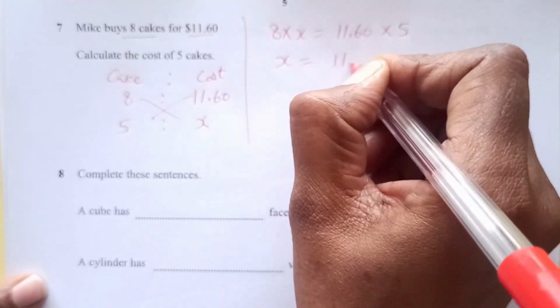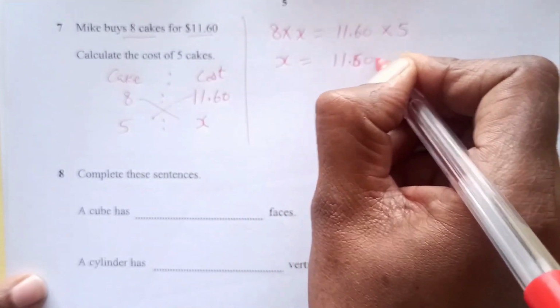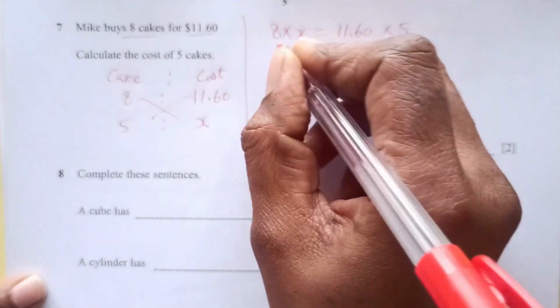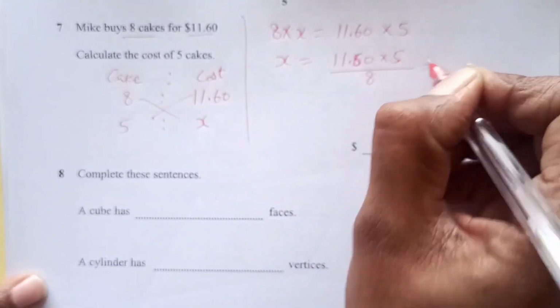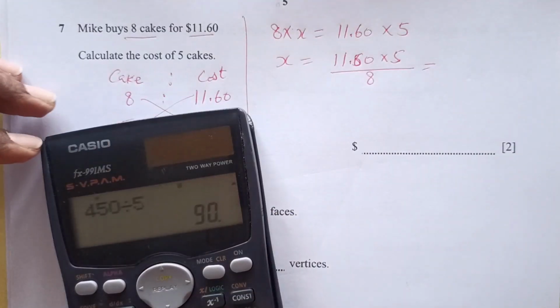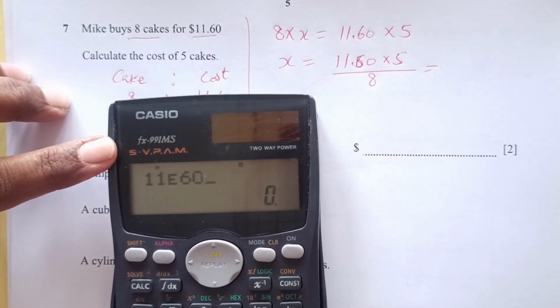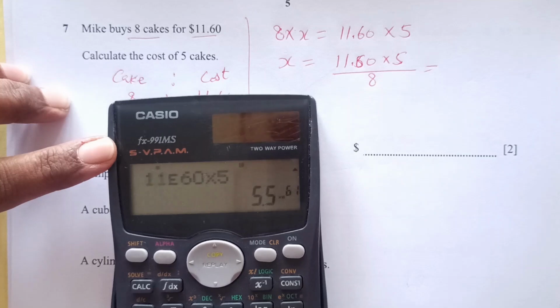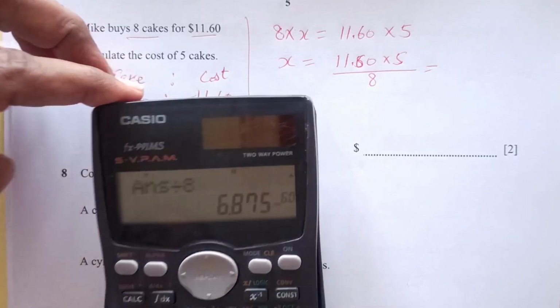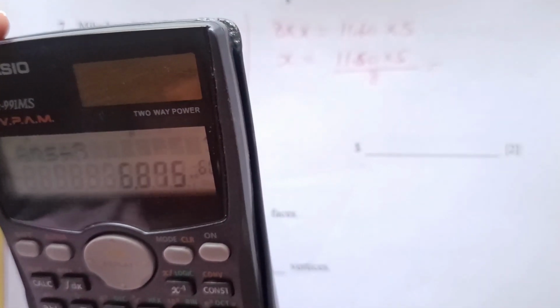So divide by 8 on both sides. Then let's see how much that is. 11.60 times 5 divided by 8.